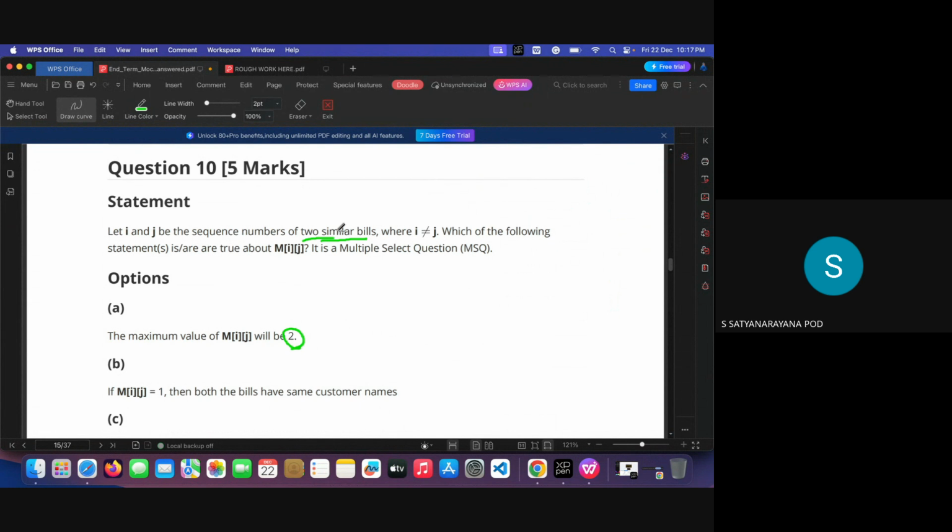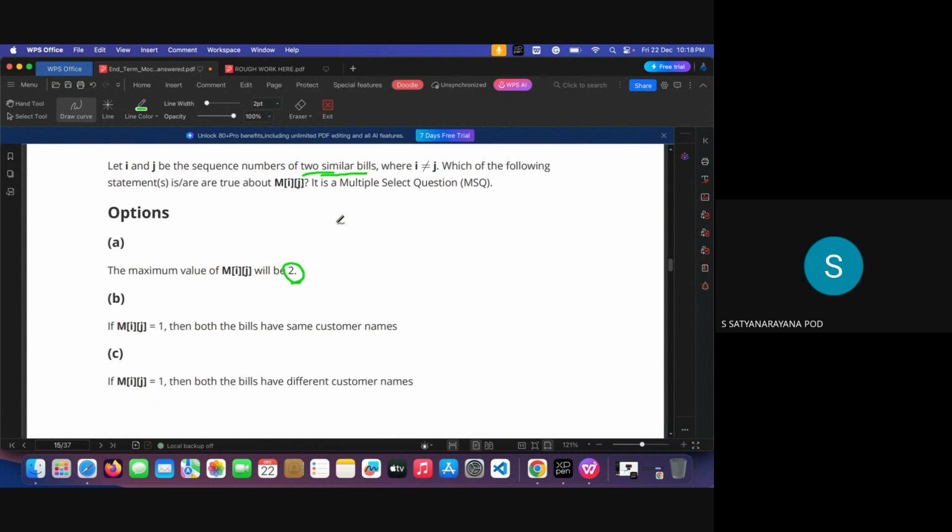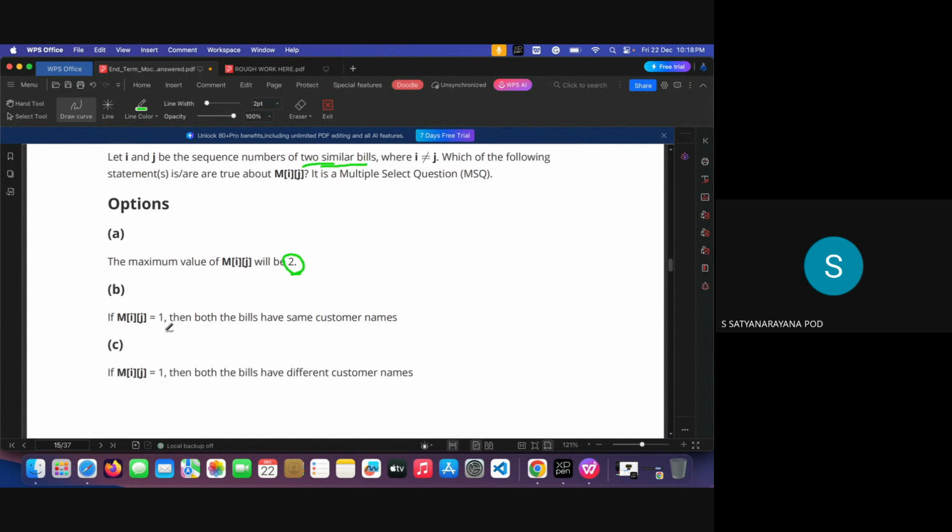Let I and J be the sequence numbers of two similar bills. We cannot go more than 2. That's sure.